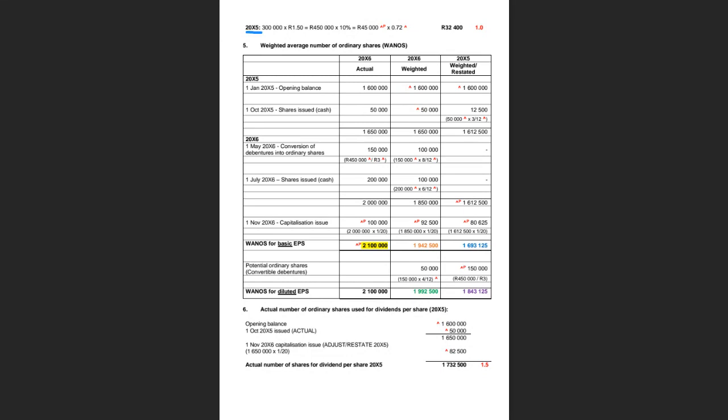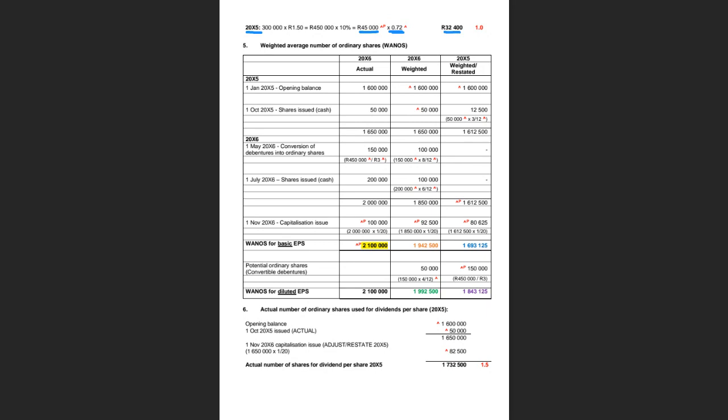So we had this interest of 45,000, which you calculated, and all we needed to do was take off the tax. That is multiplying by 72%, which takes out the tax, and we get an amount of 32,400.